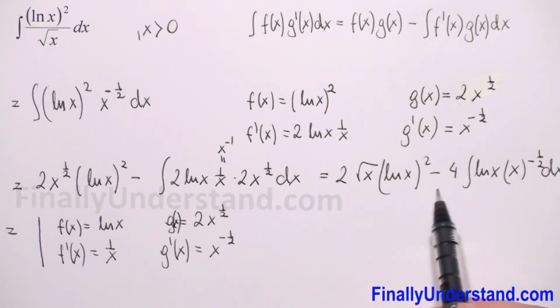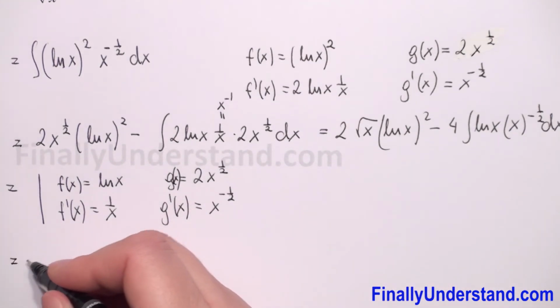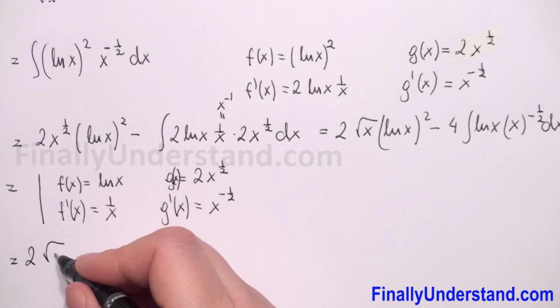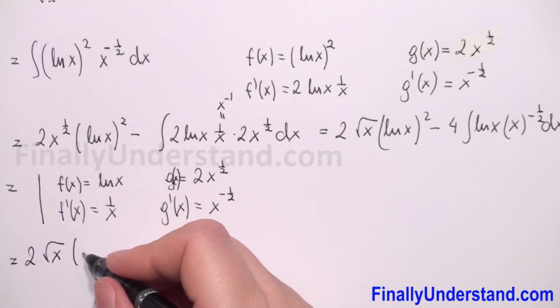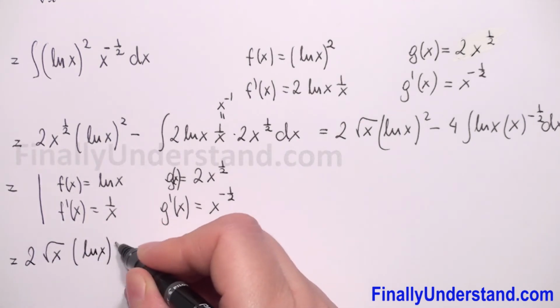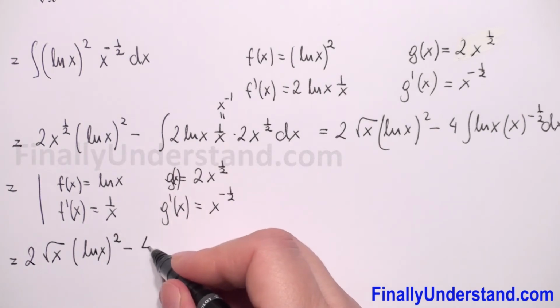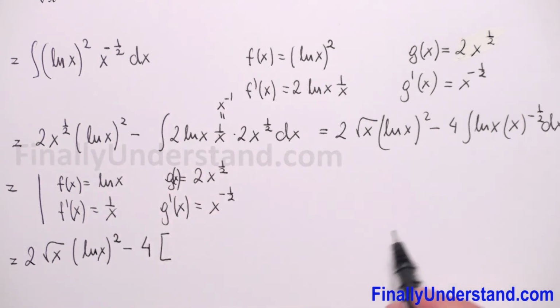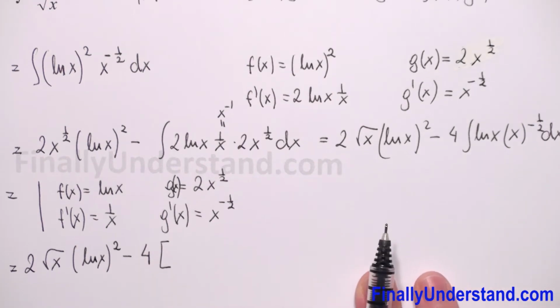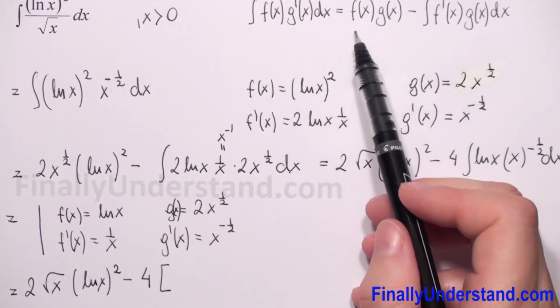At the beginning we need to copy, so this is equal to 2 times the square root of x times natural logarithm of x to the second power, minus 4, and in brackets we first put f times g.